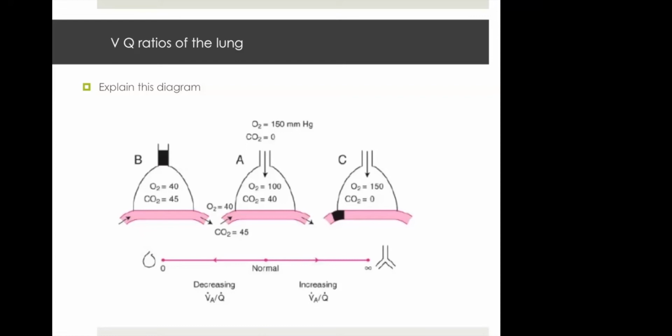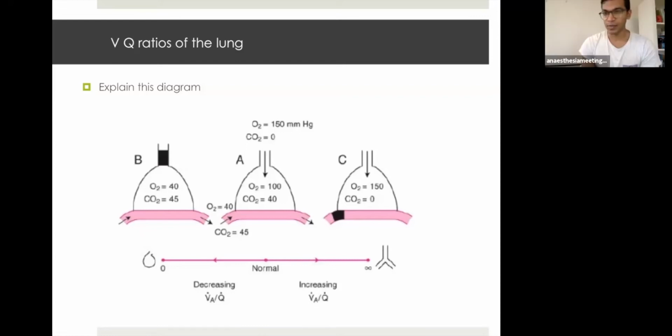Yeah, the common things that cause dead space, aside from the obvious pulmonary embolism, when you think about a plug in a vessel, but it could just be a decreased flow because of hypotension or hypovolemia as well.